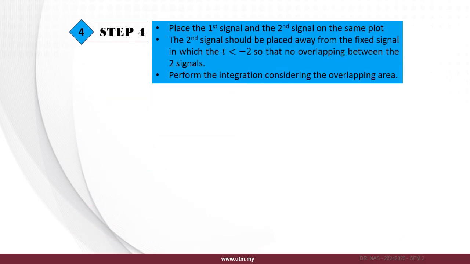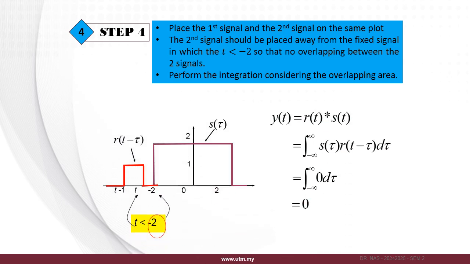Okay, step 4, you need to place both the first signal and the second signal on the same axis or the same plot, and then place the second signal a bit far away from the fixed signal, so that there is no overlapping between the two signals. Then you need to perform integration considering the overlapping area.